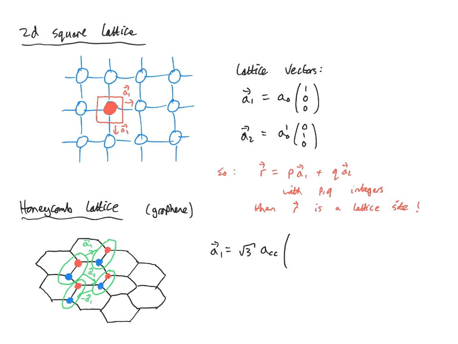And then the vector itself is (√3/2, 1/2, 0). 0 because, of course, it's a planar two-dimensional system. And A2 is (√3/2, −1/2, 0). So you can see from the diagram, one is going up in the y direction, one is going down in the y direction by plus and minus a half units.